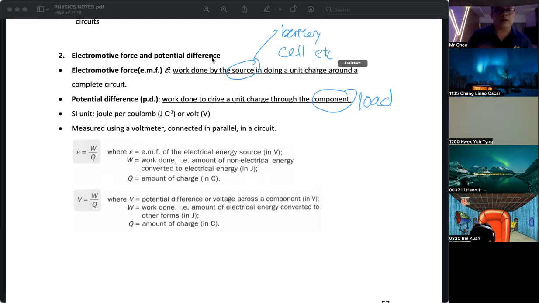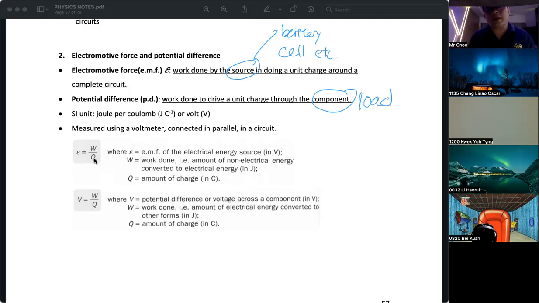Okay, so the formula is the same for EMF or PD. It is the work done over charge. If work done doesn't make sense to you, you can use energy, because work done and energy are very similar. So the W can be changed to energy. How much energy is required to push 1 coulomb of charge across the circuit?